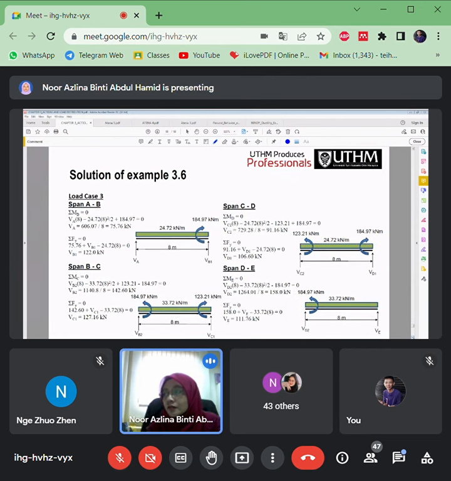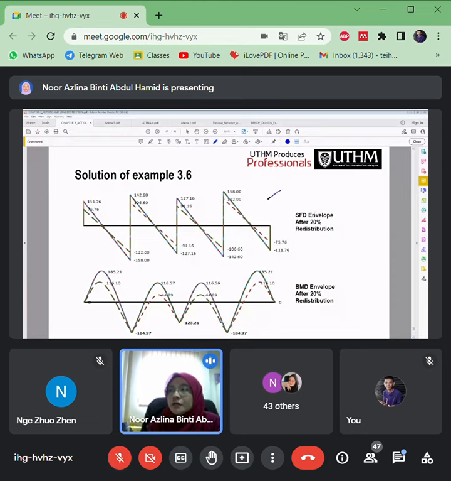So this is the shear force diagram and bending moment diagram once you do the moment redistribution of about 20% here. So you can make a comparison.